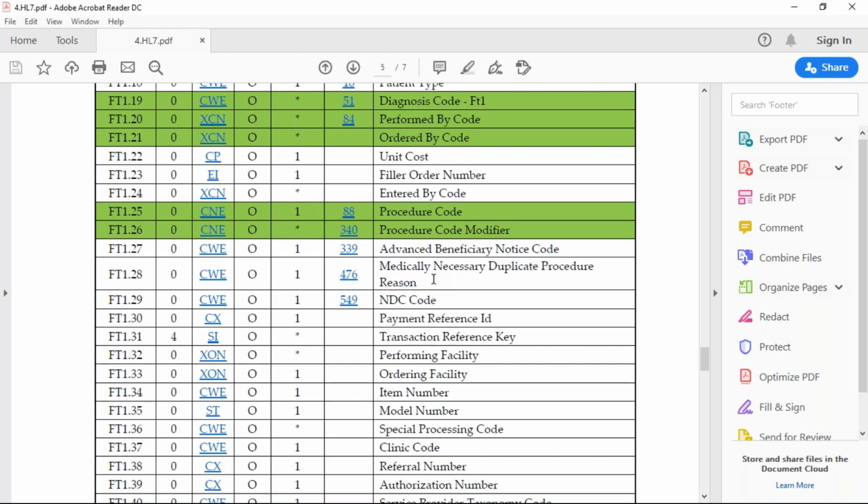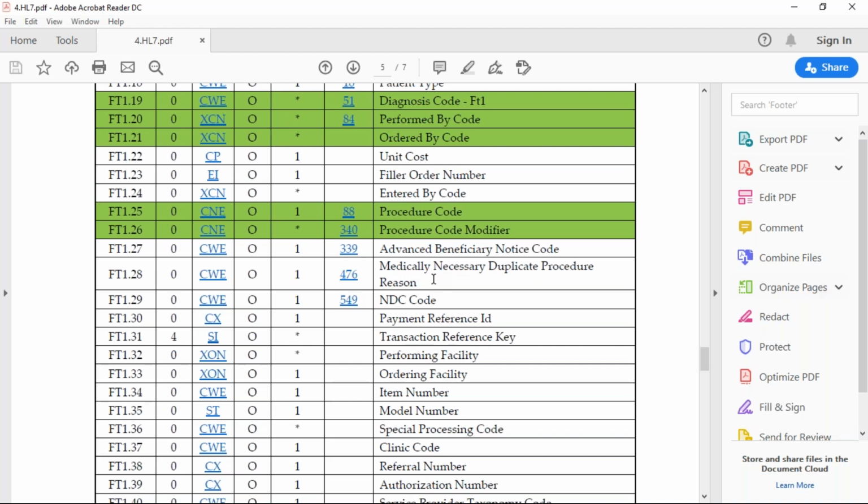That information can be communicated through FT126. Basically, FT125 will say it is a fracture procedure that has been performed for the index finger. However, FT126 will modify that procedure code a little by telling whether it is the left side of the hand or the right side of the hand.